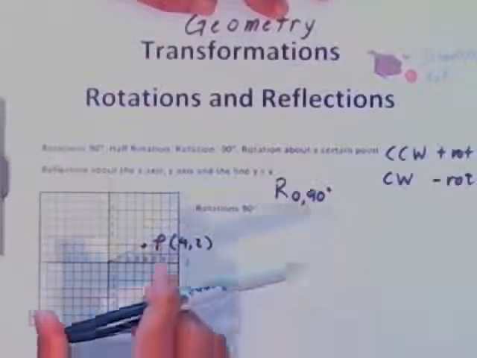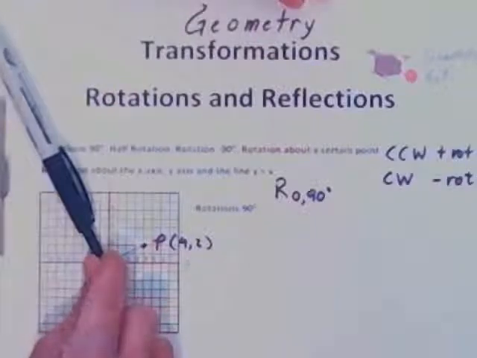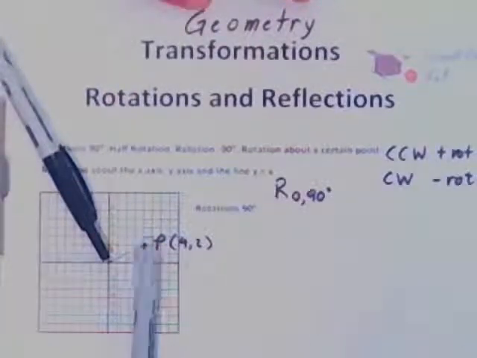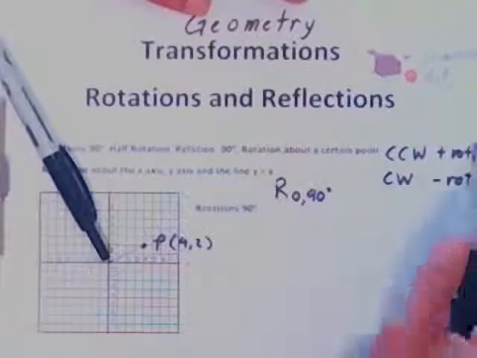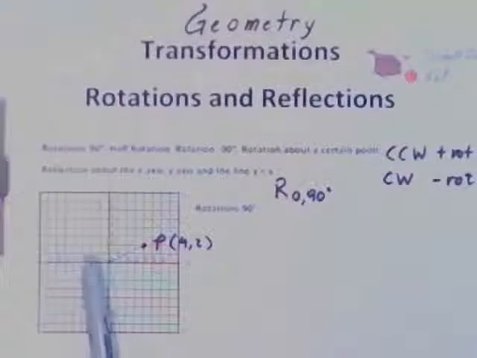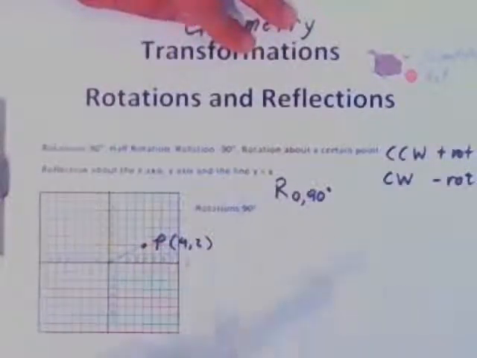Notice if it gets rotated 90 degrees, it's going to turn up maybe somewhere here. That seems to be about 90 degrees. So we're going to guesstimate. We're going to use our scientific hat and make some observations. It seems like it probably went to the left 2 and up 4.